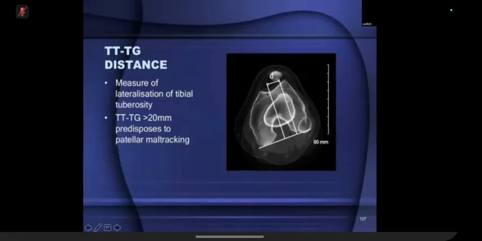If the distance between these two is more than 20 millimeters, that means the patella is significantly on the medial side of the trochlea and the tibial tuberosity is further lateral, and therefore the angle of the ligamentum patelli is going to be a bit like this, which means that the patella will struggle to stay in the middle. It will be pulled towards the lateral side. That's what the TTTG means, and that's how it's calculated.